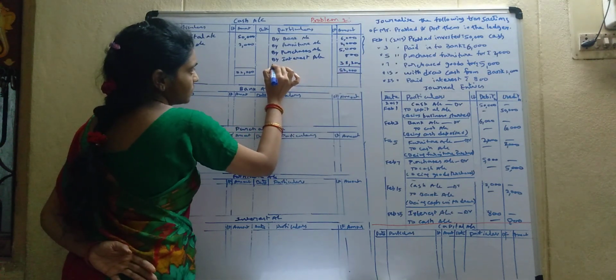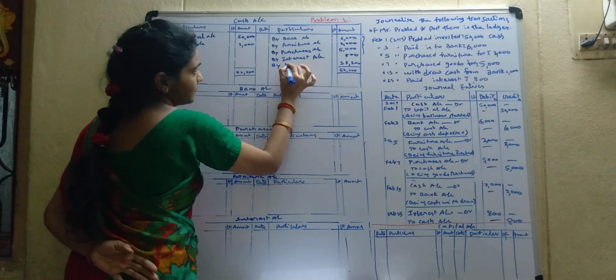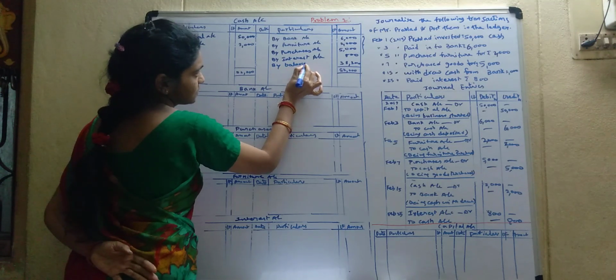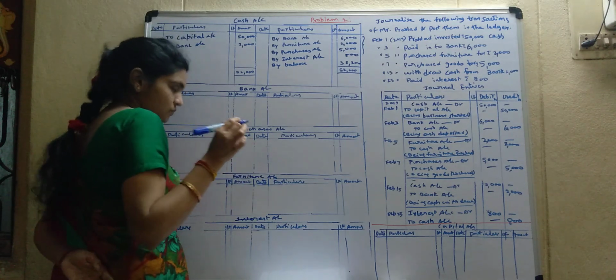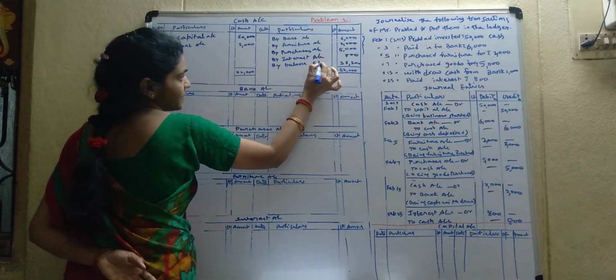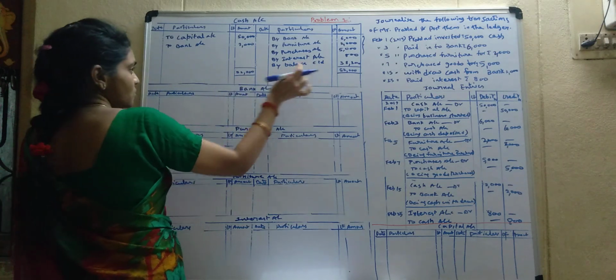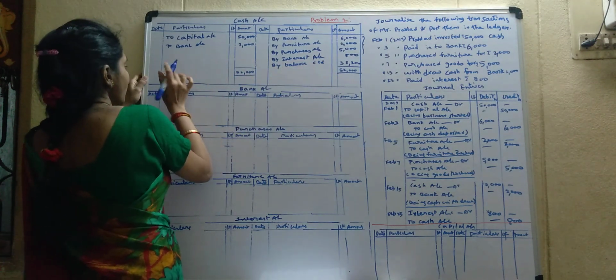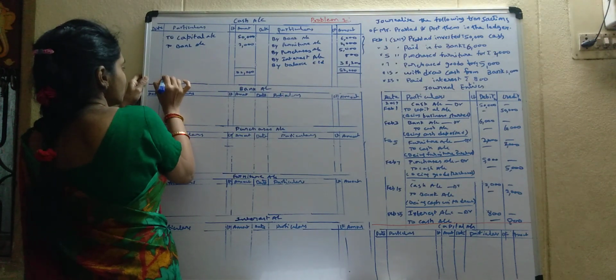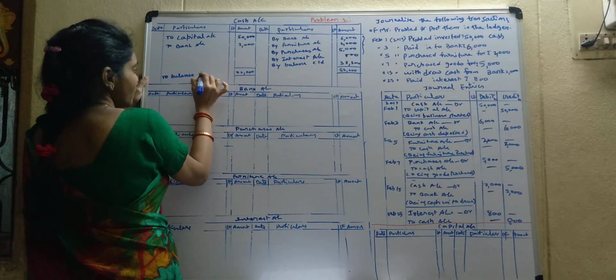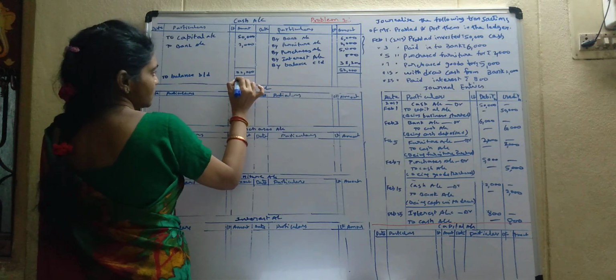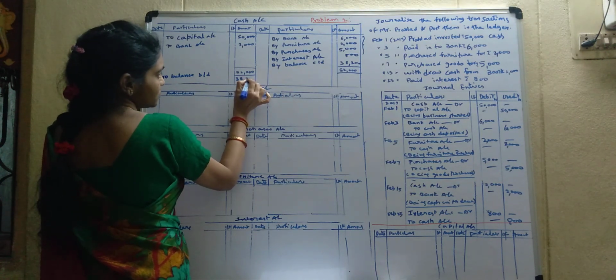So 'By balance carried down'. So this balance has to be brought down. Here, 'To balance brought down', 38,200.